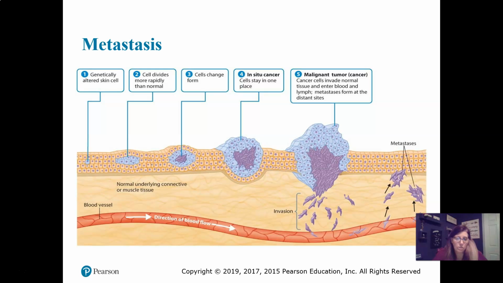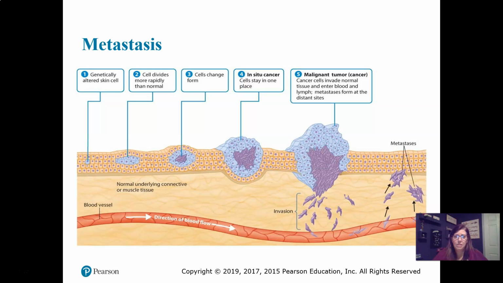This is why cancer is really beneficial to detect early. 2, the cell divides more rapidly than normal. 3, the cells change form. 4, the cells are staying in one place. Those are the good places. We want to catch the cancer in those stages.